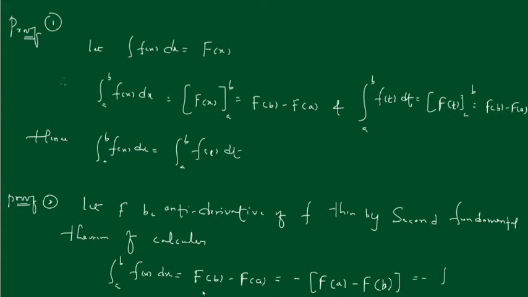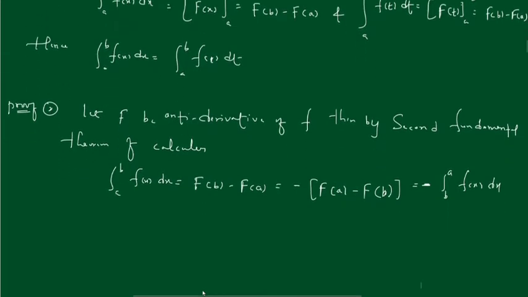So which equals minus integration b to a of f of x dx. Sorry, it's b to a. Integration b to a, minus sign is there, right? Minus of integration b to a of f of x dx.